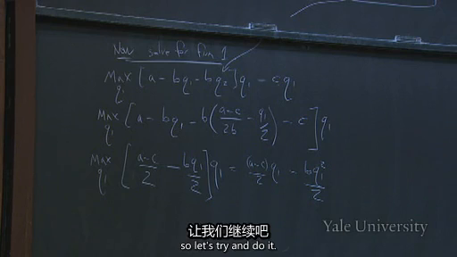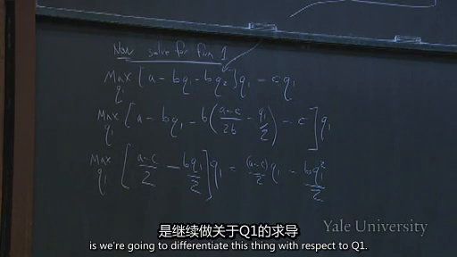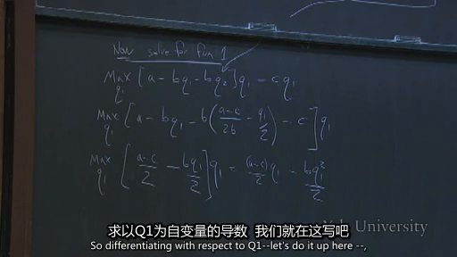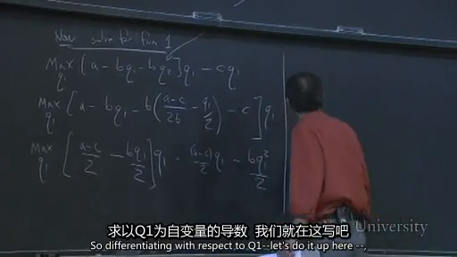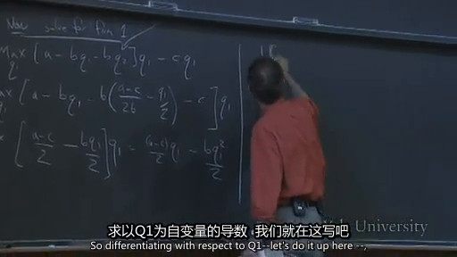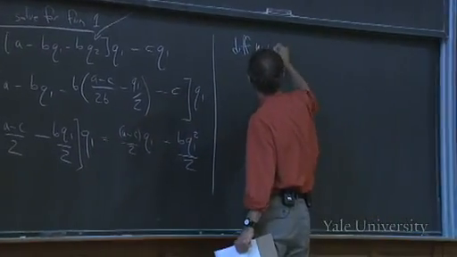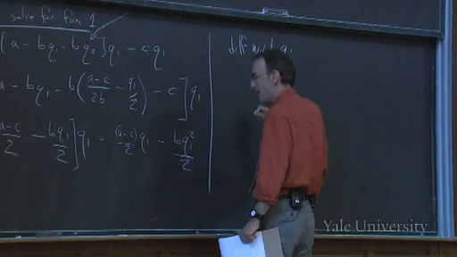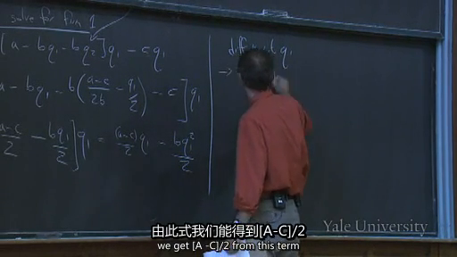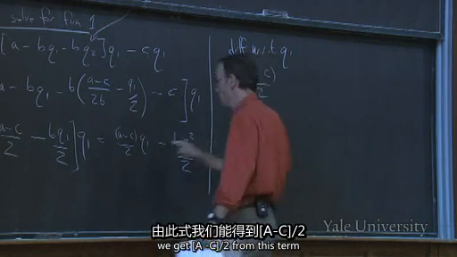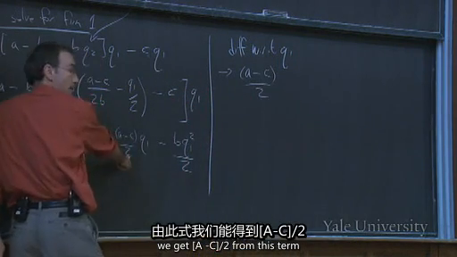Okay, so let's try and do it. What we're going to do is differentiate this thing with respect to Q1. Differentiating with respect to Q1, we get (A minus C) over 2 from this term.